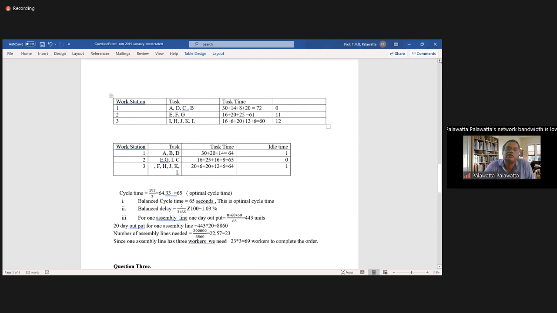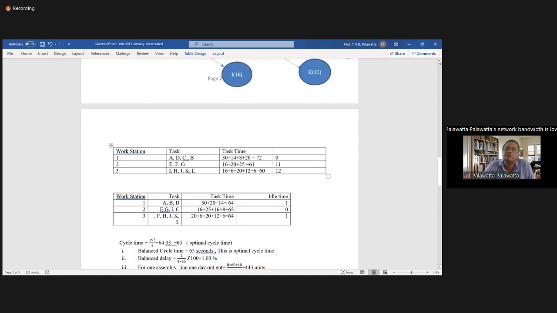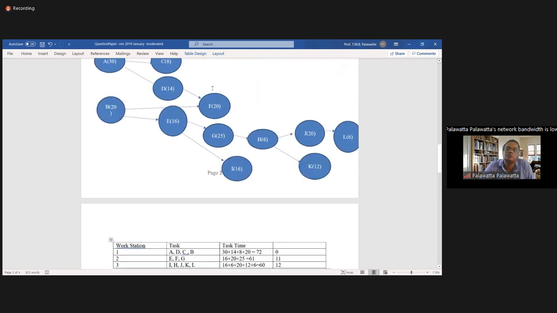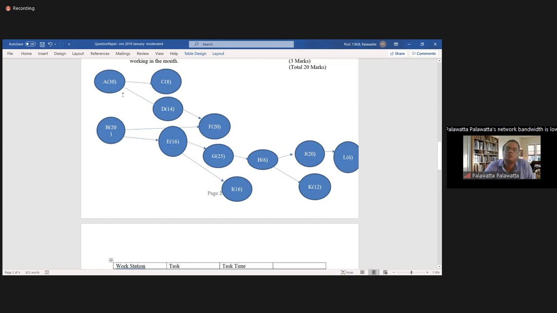So you can see what these government factories do. Let's say they created 12 workstations. What will be the total time in that case?